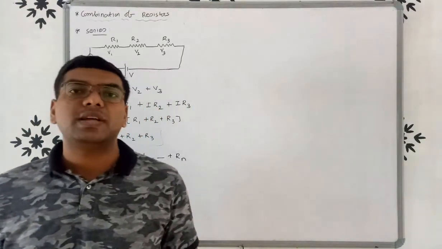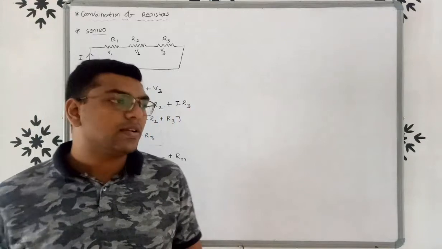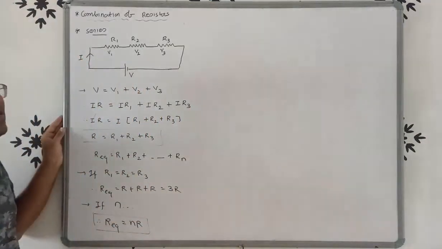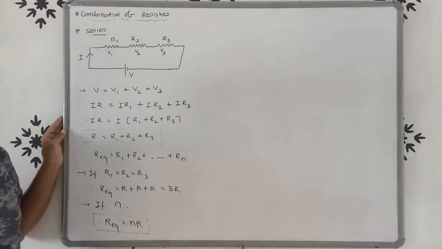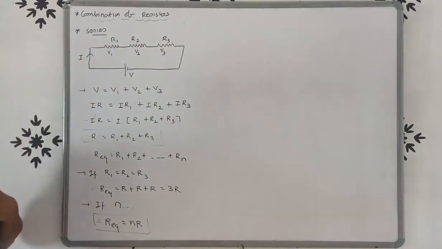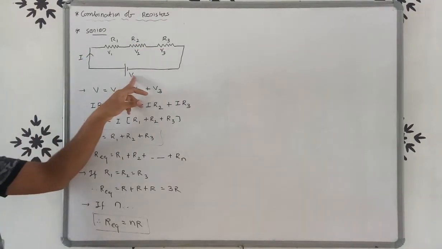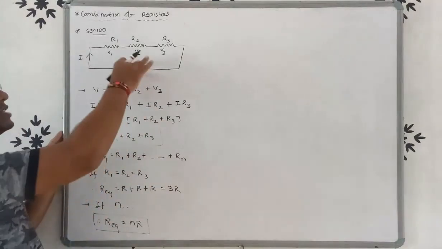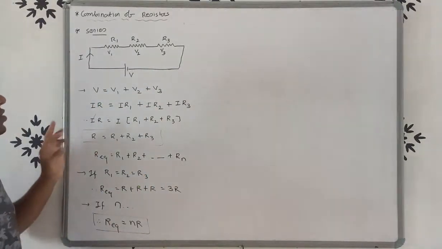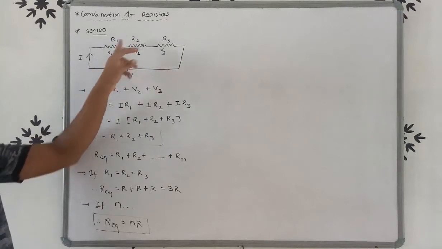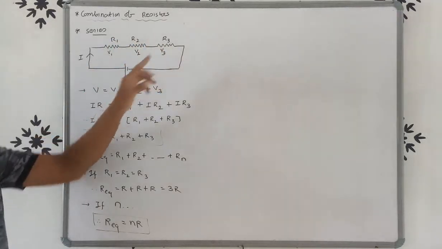Again friends, see series combination of resistors. In series combination, the resistors are combined in such a way that the current remains the same in each resistor. This voltage is divided into three parts because there are three resistors. For R1 the voltage is V1, for R2 V2, for R3 V3.